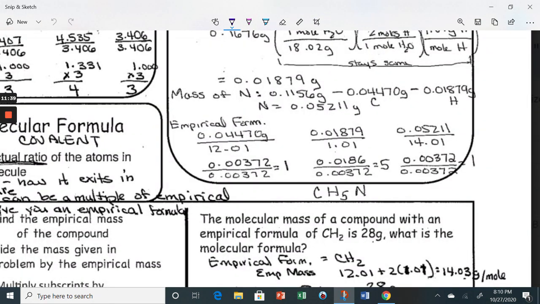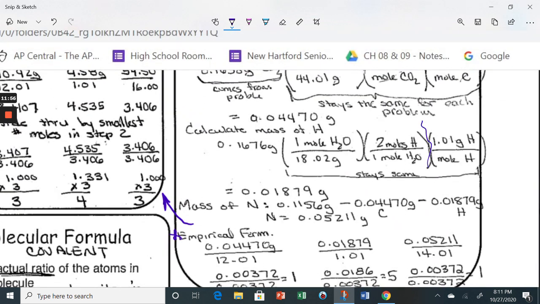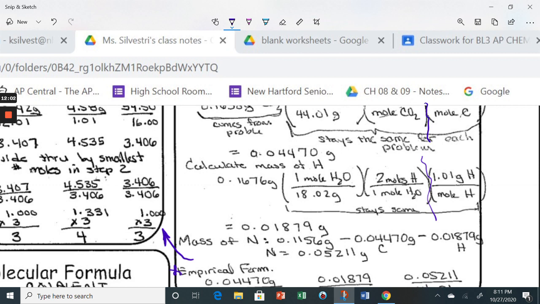So now I do it as if I'm calculating an empirical formula, which we did up here. It's the same procedure. I get my moles of carbon. Now this is where I said you can stop. You can stop right here and write down your moles of carbon if you really wanted to, and then go to grams. Or that was hydrogen. Carbon was here.